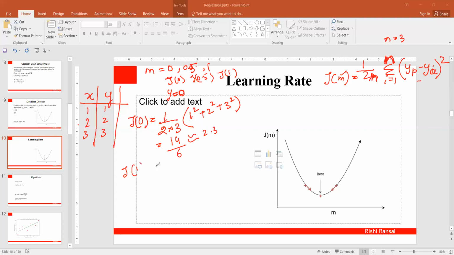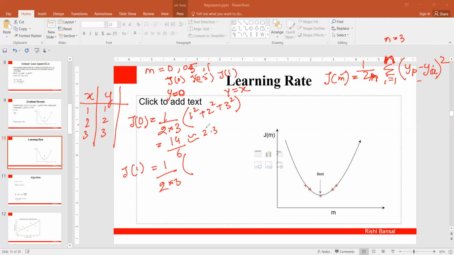Now J is equal to 1, for m equal to 1. For m equal to 1, your equation will be y equal to x. Now tell me, for the first point, what is the predicted value?